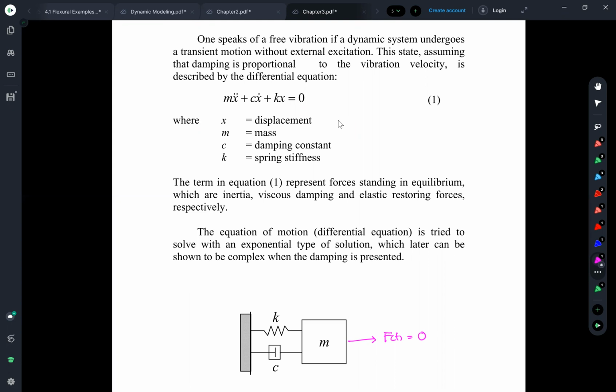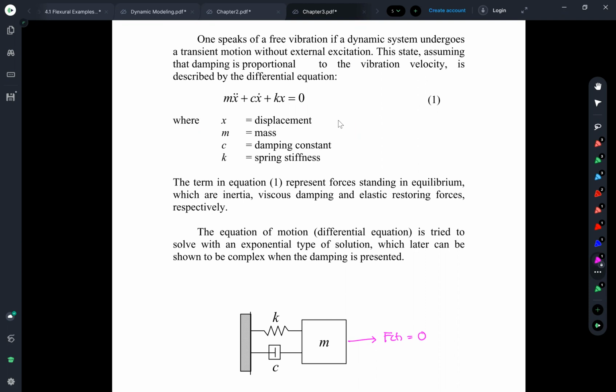Looking closely at this mathematical equation, we find this is a second order differential equation. M, C, and K are the parameters that represent mass, damping, and stiffness. If we assume they are constant, this assumption is pretty good. Most of the time, mass is constant, the damping as well, and the stiffness. Mass is very constant.